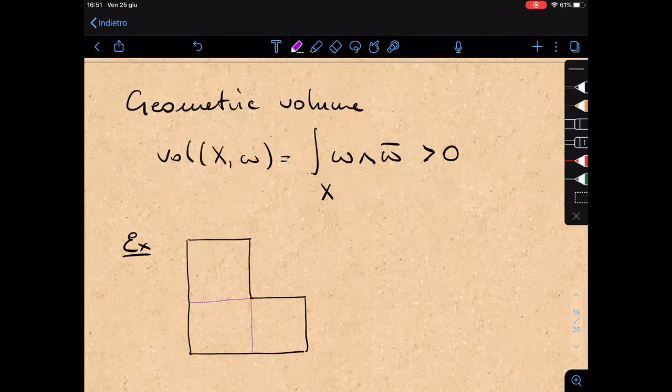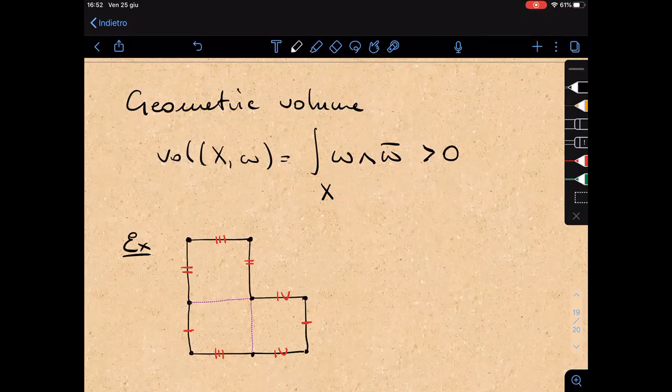Okay, so I can identify this side with this side, and I can identify this one with this one, this one with this one, and finally I can identify these two. So this is a kind of octagon. This is not the usual octagon, because there are two couples of sides that are aligned, but it's an octagon.